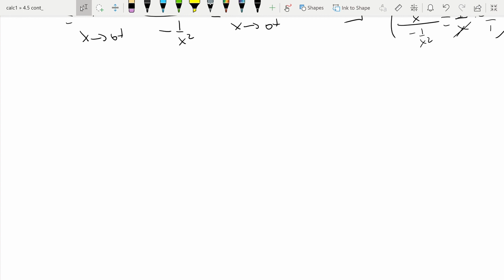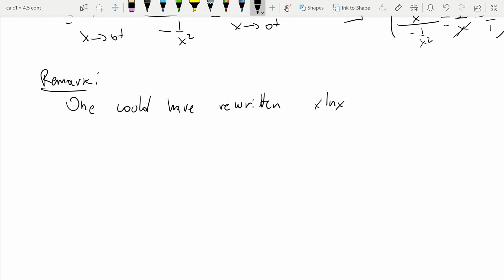Instead of writing this as natural log of x over 1 over x, here's a remark: one could have rewritten x times natural log of x as x times 1 over the natural log of x.